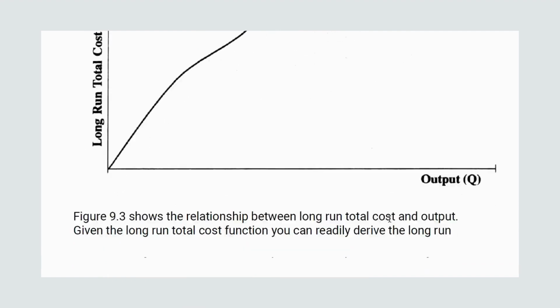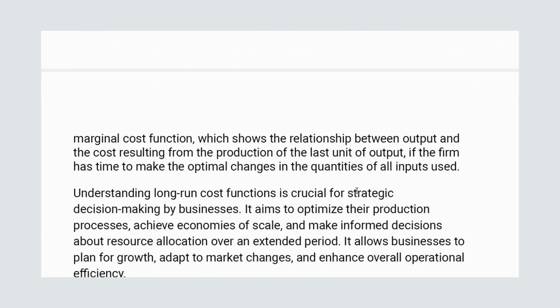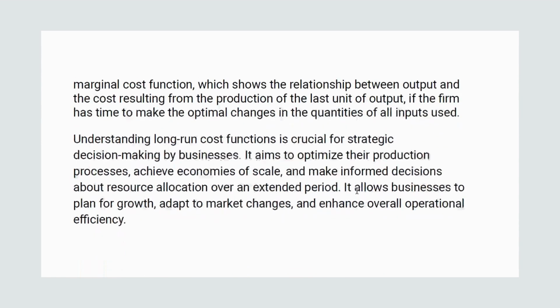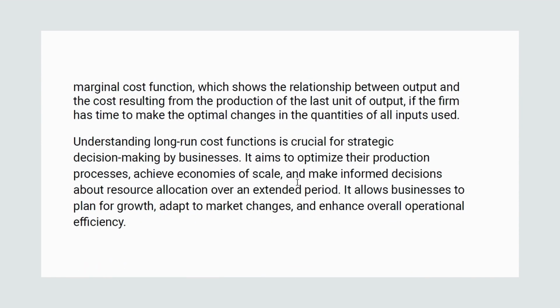What we can see here is the result of producing the last unit of output if the firm has to make the optimal changes in the quantity of all inputs. So understanding this long run cost function helps the managers to take strategic decisions to optimize their production process, to achieve the economies of scale and to make informed decisions.